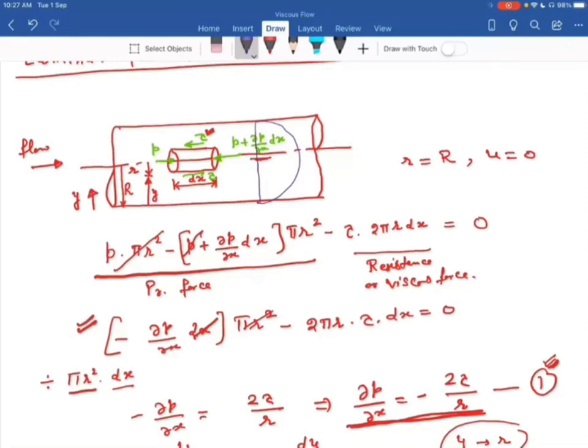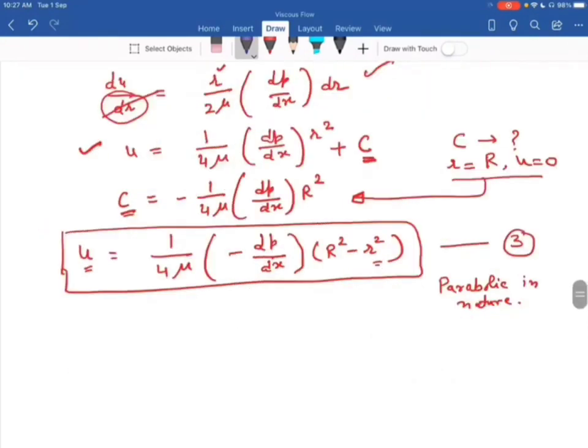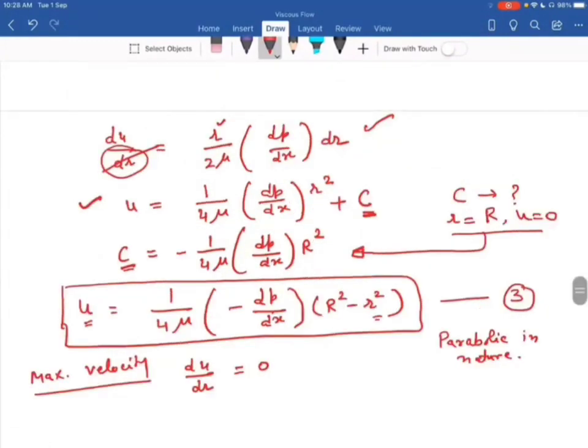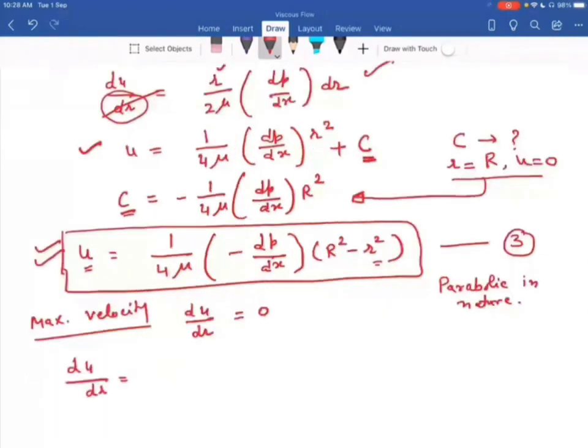So now I find out where this velocity is maximum. To find the maximum velocity, I put du by dr equal to 0. You can differentiate this relation. So du by dr, I can write as 1 upon 4 mu, minus dp by dx.